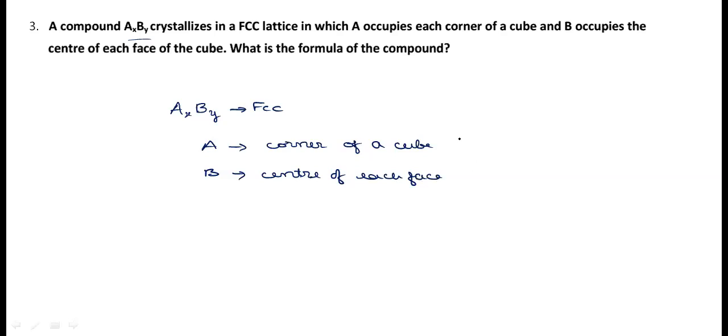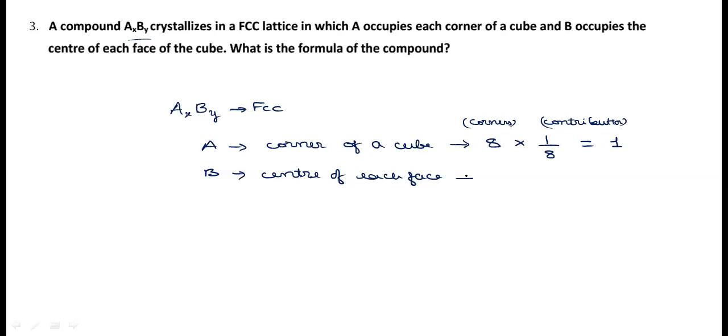What is the formula of the compound? We know that if it is forming at the corners, there will be 8 corners and the contribution for each corner will be 1/8. So for A, as it is occupying a corner, it is 8 into 1/8, which is equal to 1.